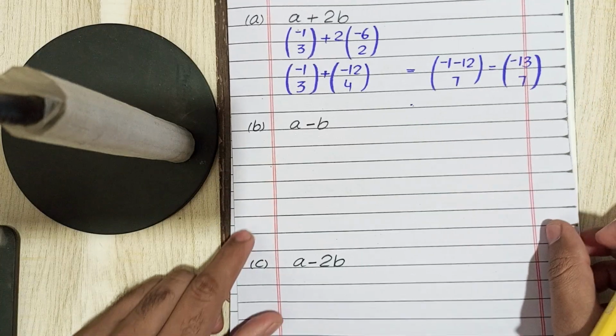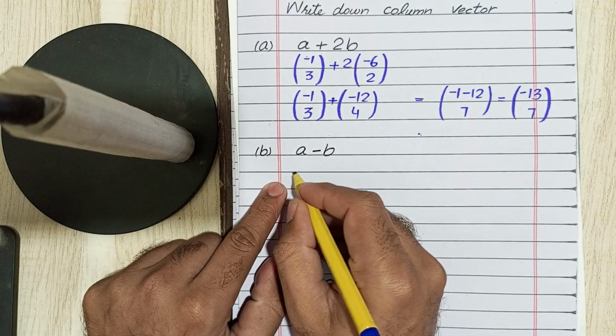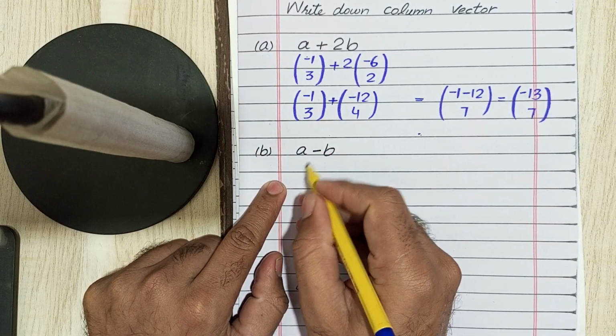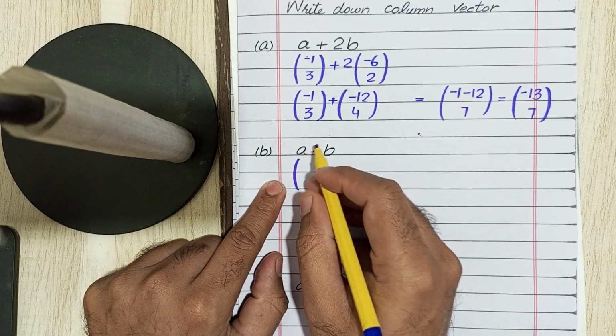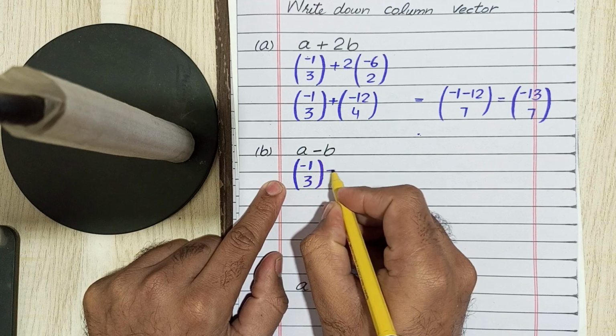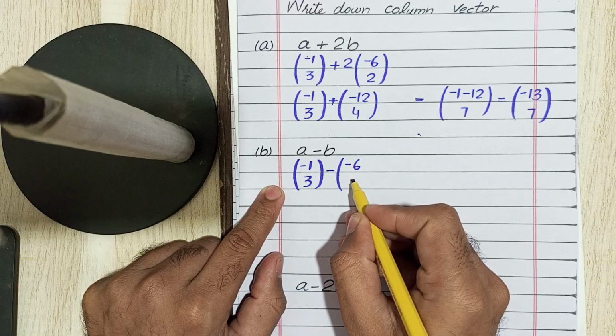Now our next question, A minus B. We put the value of column vector A, then we put the value of B. Column vector A has -1 and 3, minus column vector B has value -6 and 2.